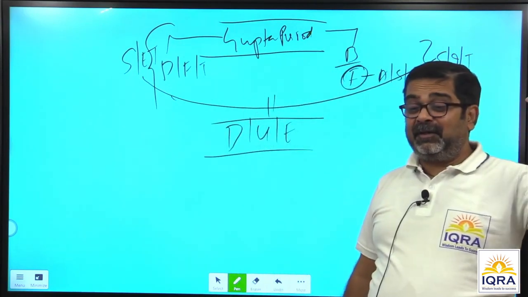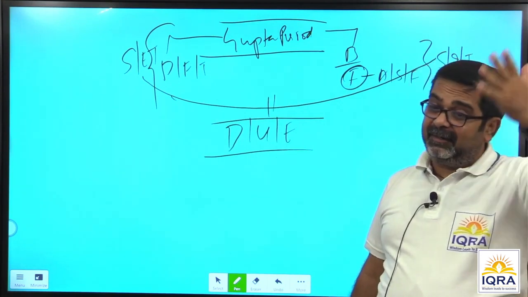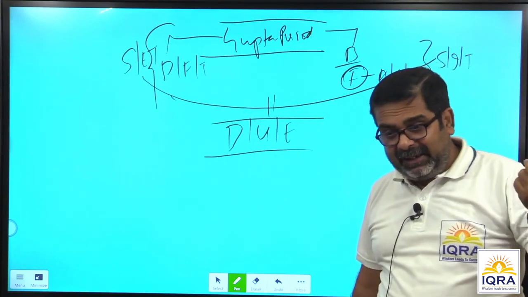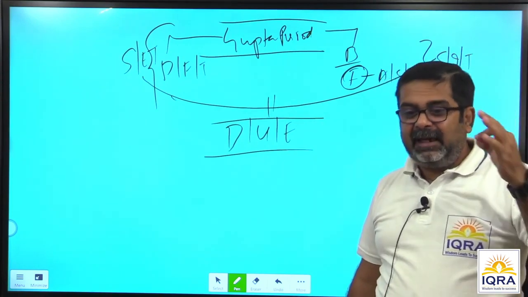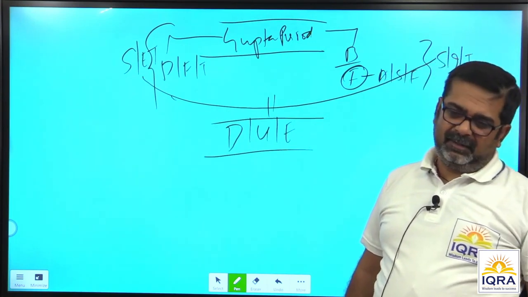What were the pillars of urbanization? External trade, internal trade. Both are declining. That will naturally lead to the decline in urban economy.